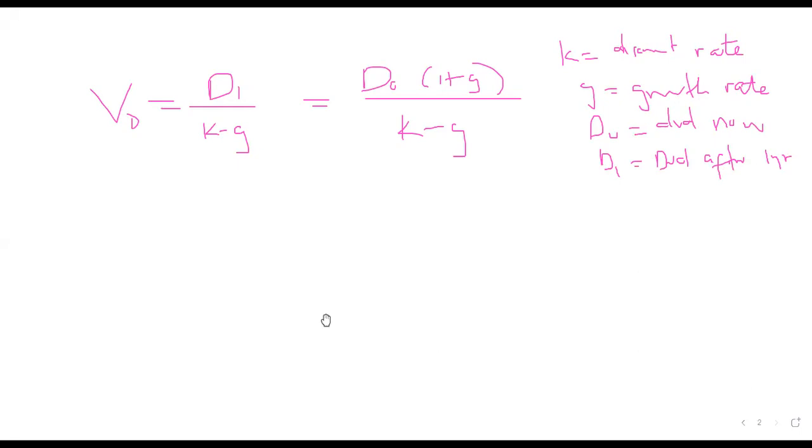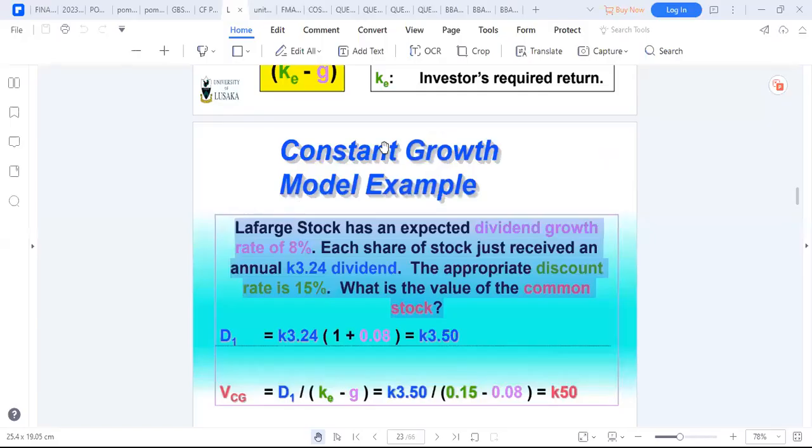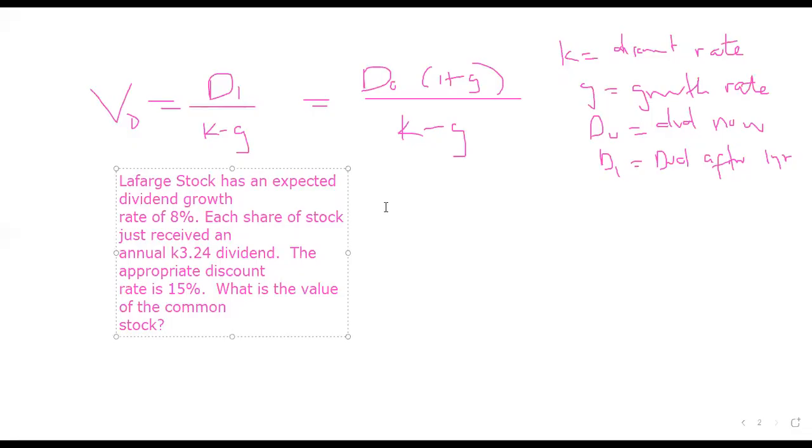Now let me pounce on this. We look at our examples in valuation of stock and apply the principles. We've been given this question here. Let me beam it here so that we could digest it. Lafarge stock has an expected dividend growth of 8%.